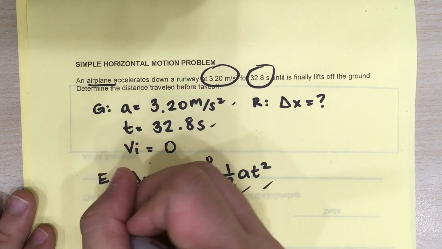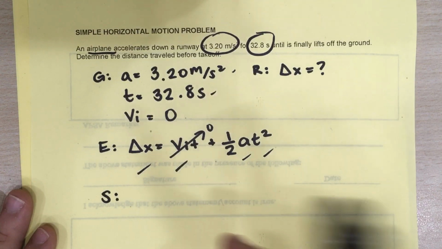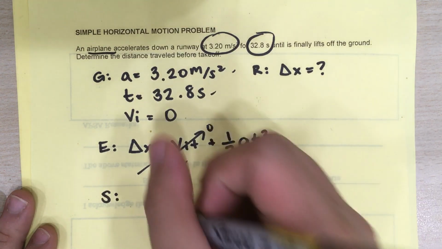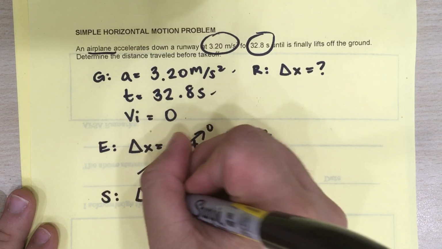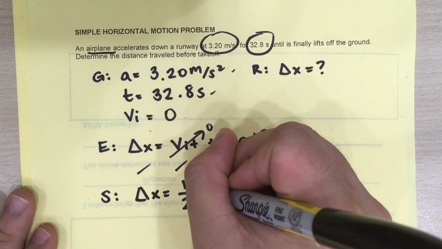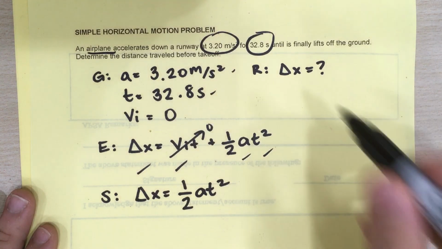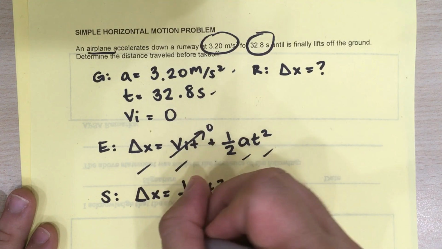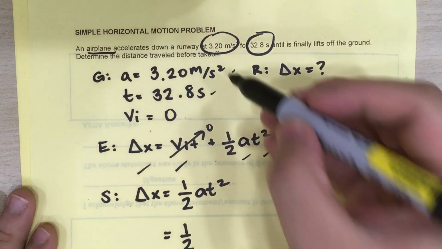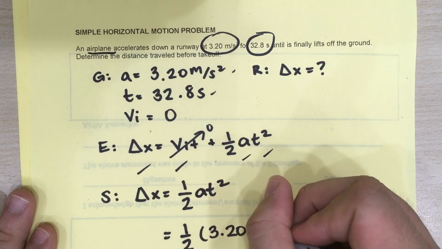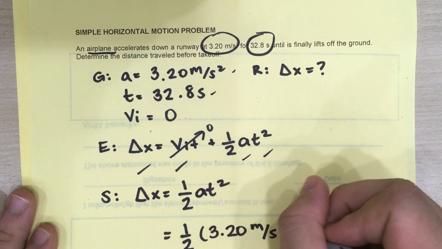Okay, let's now move on and solve. Delta x is equal to VIT plus 1/2 AT squared. We know that VIT has already been cancelled out, so this equation simplifies therefore to 1/2 AT squared. Simple as that. Okay, we're looking for delta x, 1/2. What is A? A is 3.20 meters per second squared.